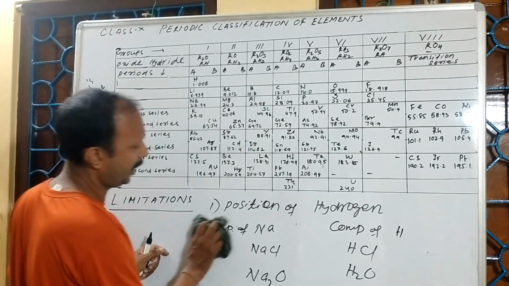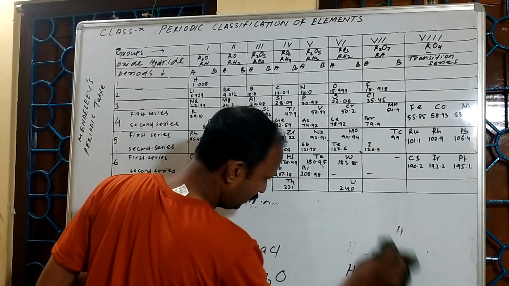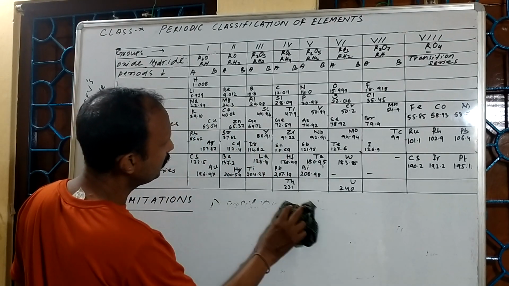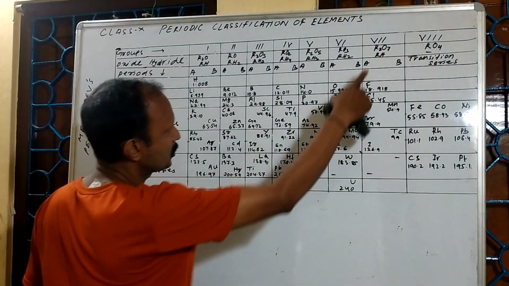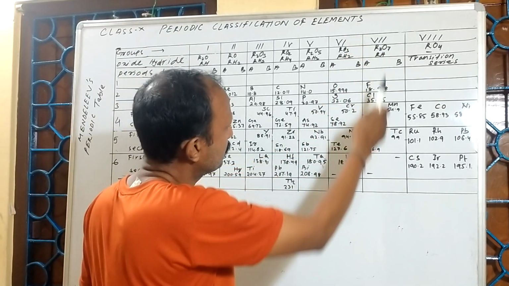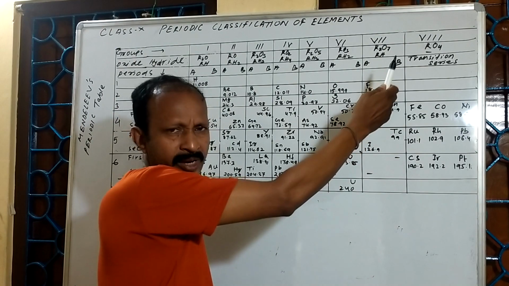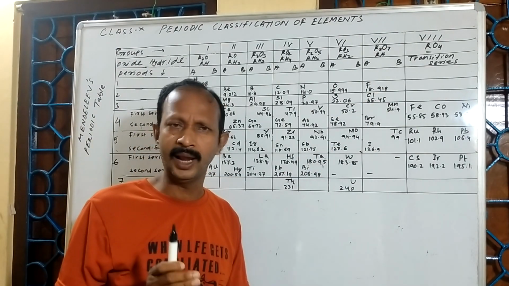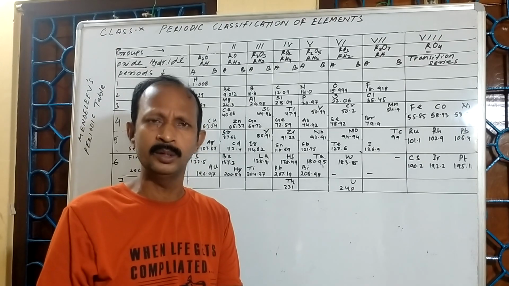At the same time, if you see the halogens, in this case you observe the 7th group elements: fluorine, chlorine, bromine, iodine, all halogens. You know halogens are the salt producers.